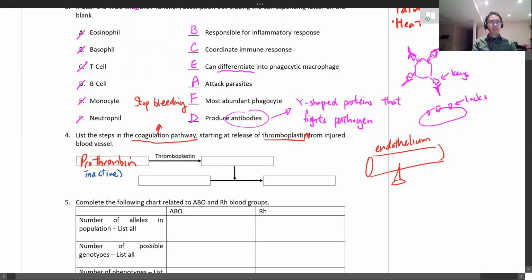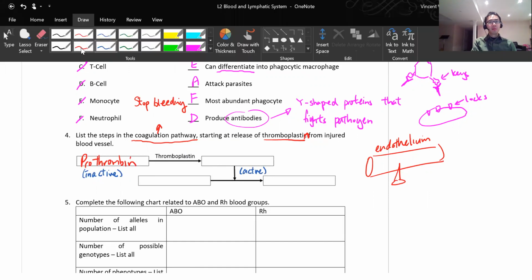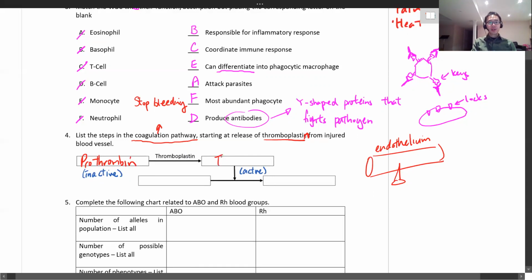Unless you have some kind of cut or bleeding going on, the prothrombin will stay inactive in this particular form. However, when a vessel is damaged, the thromboplastin that's being released will convert the prothrombin into its active form.